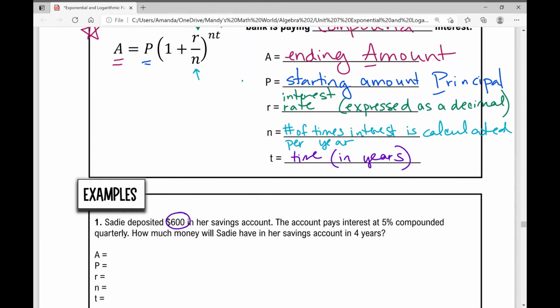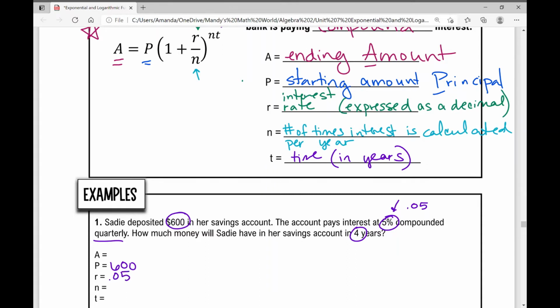The account pays interest at 5% compounded quarterly. How much money will Sadie have in her savings account in 4 years? So let's identify these different pieces of the problem. The $600, that's her principal, that's what she started with. The account pays interest at 5%, that's going to be 0.05 as a decimal, and that's our rate.